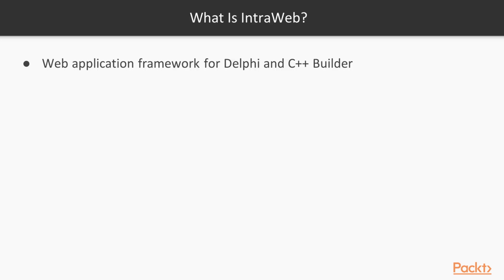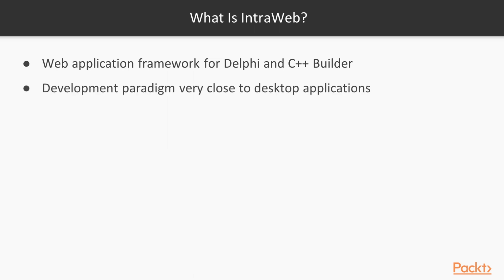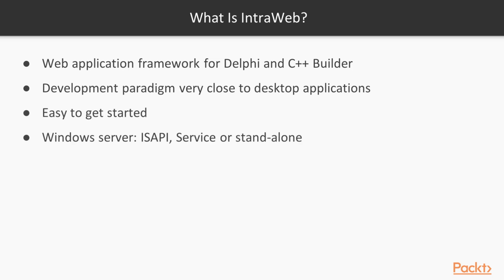So what is Intraweb? Intraweb is a web application framework for Delphi and C++ Builder. The development paradigm is very close to desktop applications, and it's very easy to get started. It runs as a Windows Server ISAPI, service or standalone versions. Intraweb is not a very new technology to build web apps.